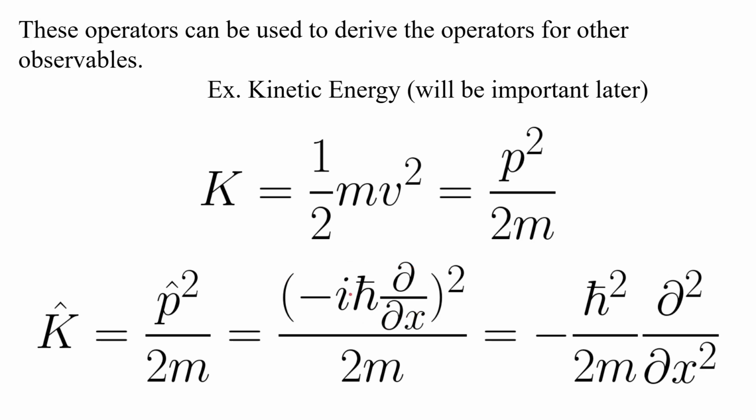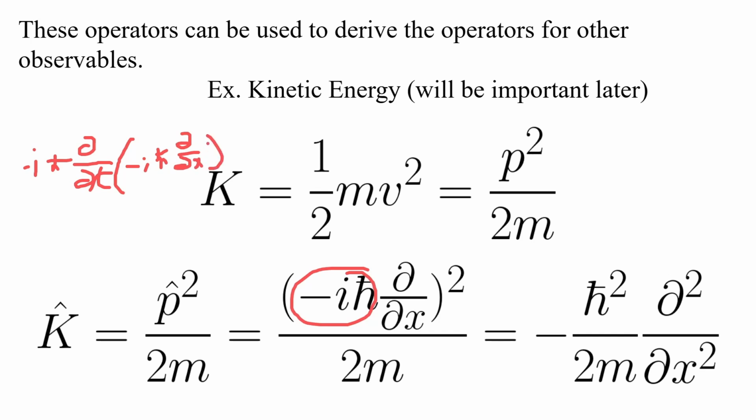So it's going to be negative i h bar times the partial derivative with respect to x, acting on negative i h bar times the partial derivative with respect to x, and that's all going to be acting on whatever the function is, which is psi.